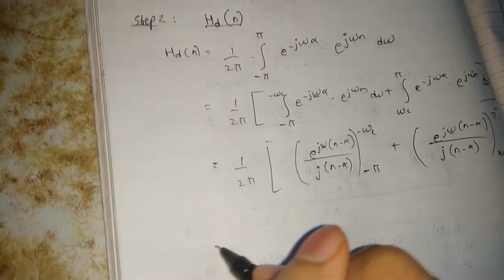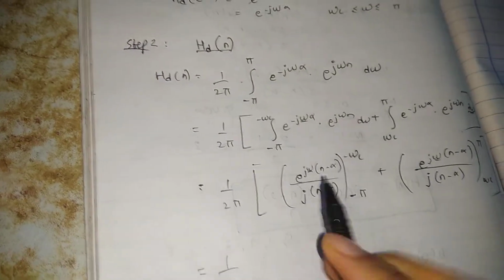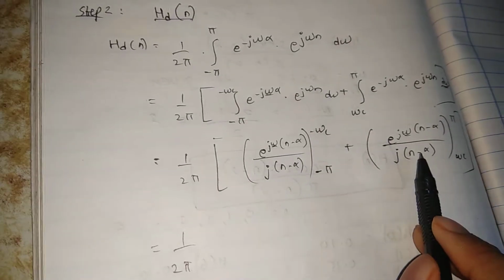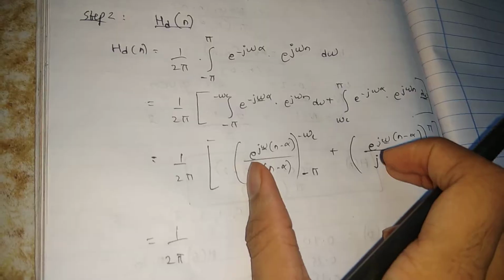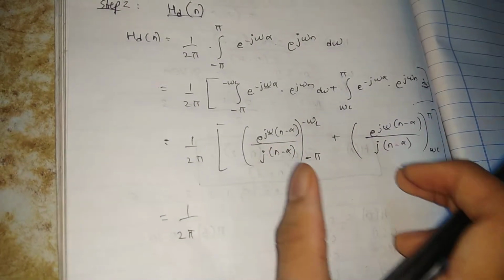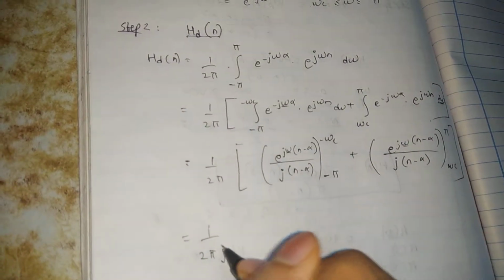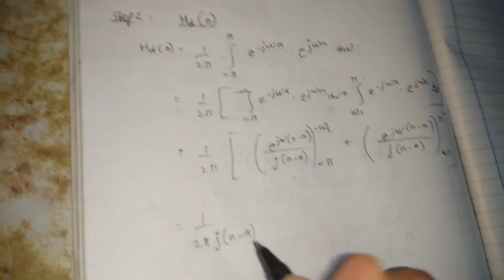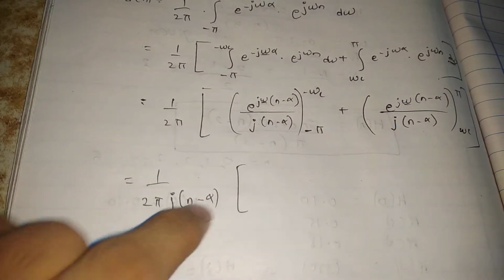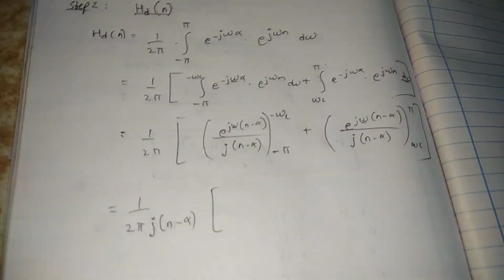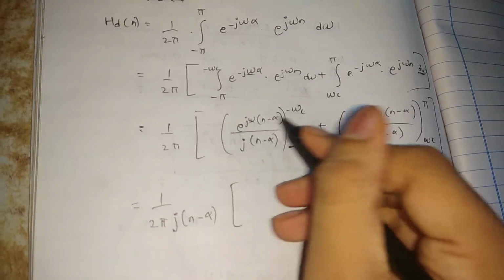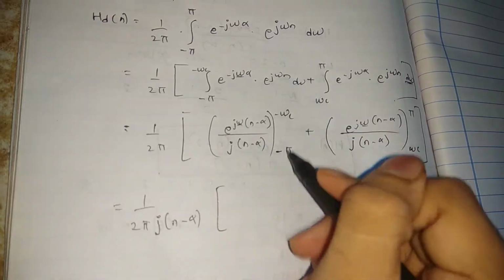Now 1 upon 2 pi. As you can see, j(n minus alpha) appears in both the brackets, so take that common. After taking it common, now just substitute the upper limit and the lower limit.